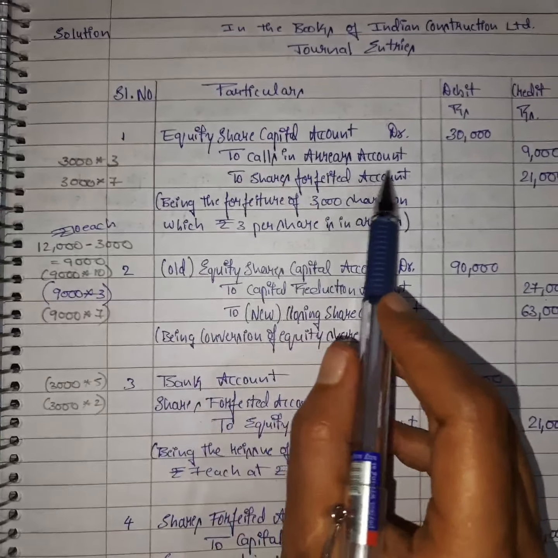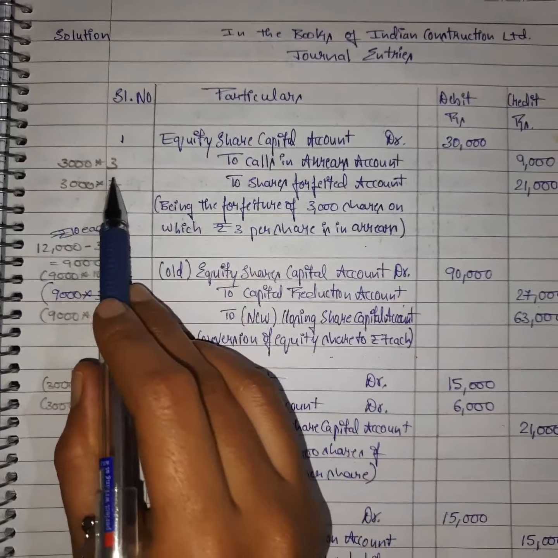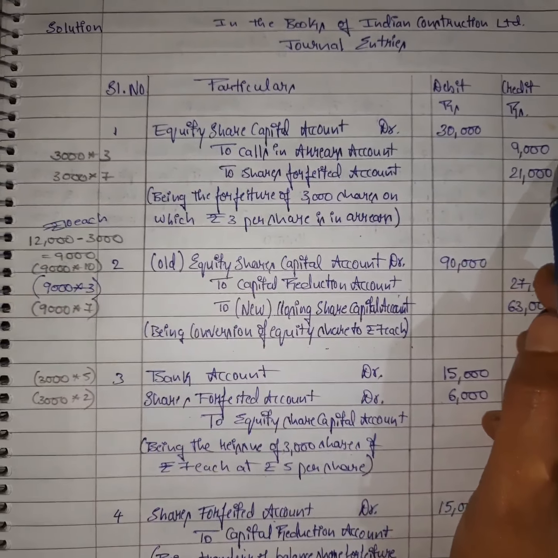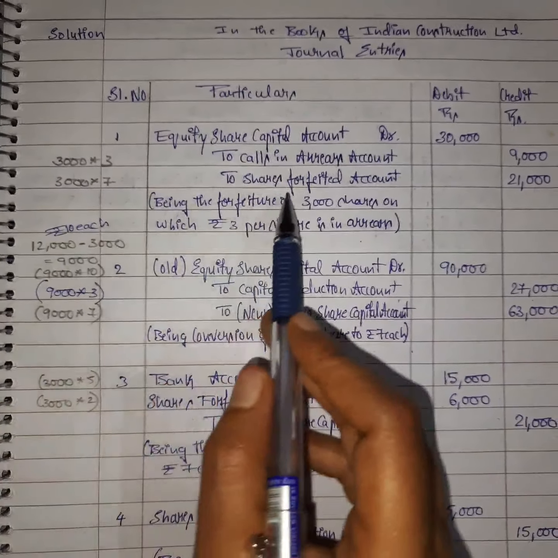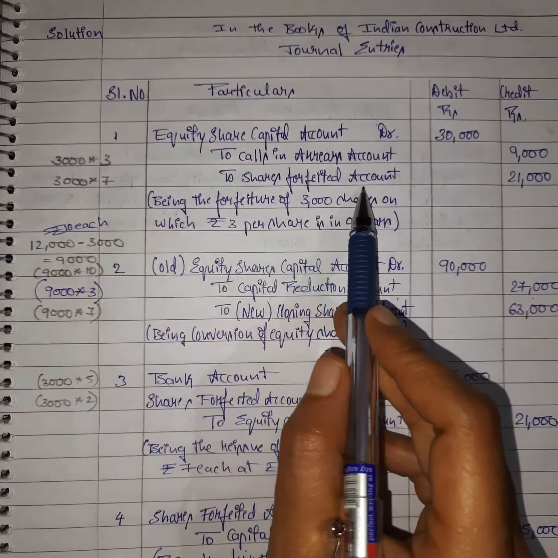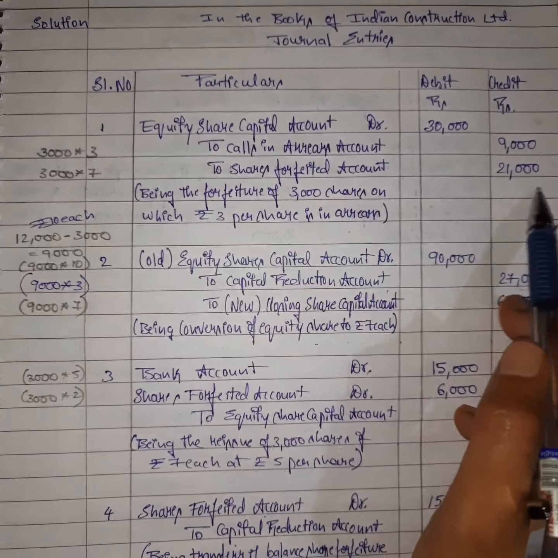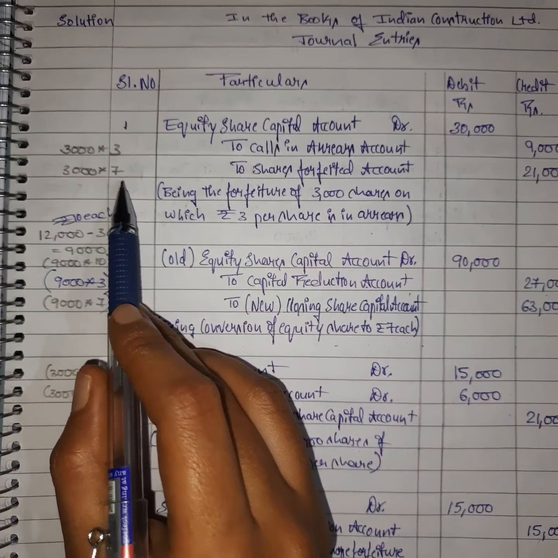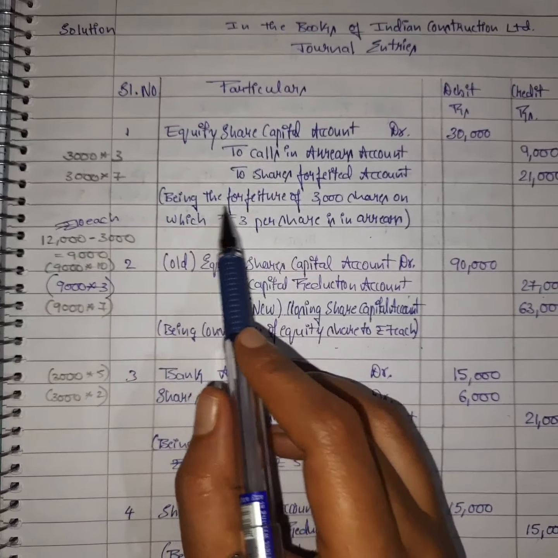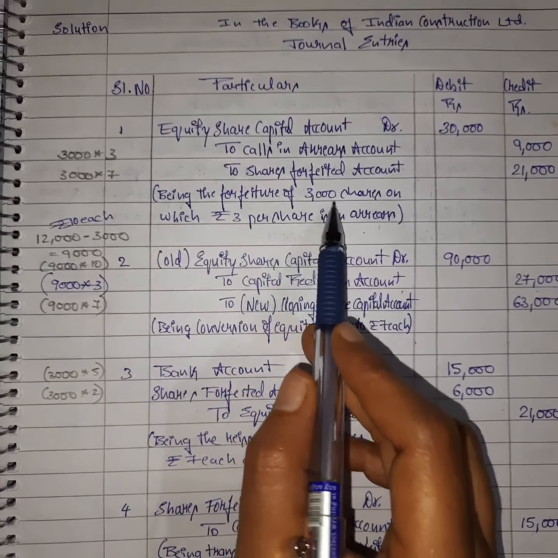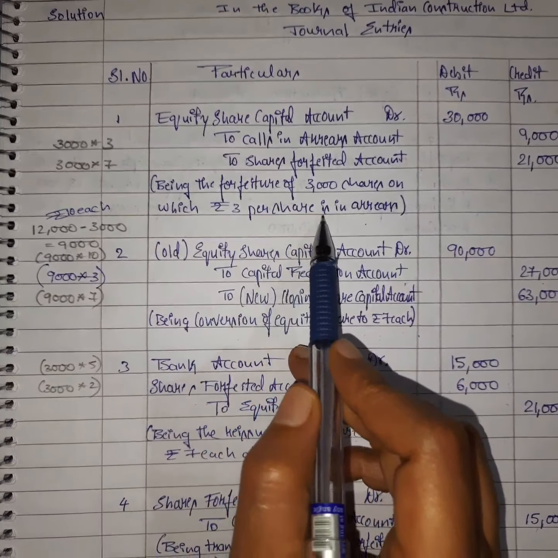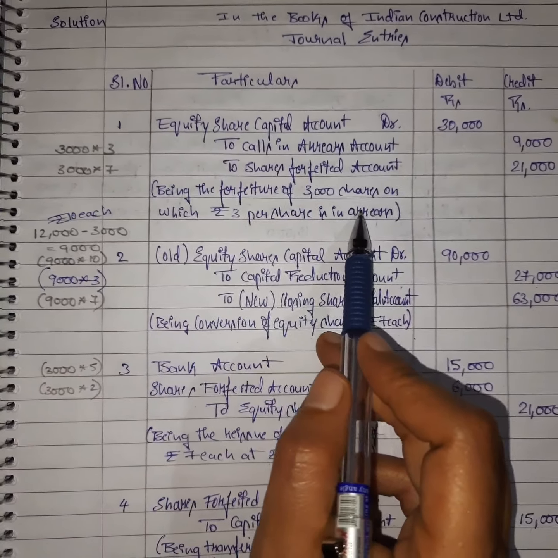To calls in arrears account, 3,000 into 3, so in the credit side you are mentioning 9,000. Coming to next, to shares forfeited account 21,000. The calculation part, 3,000 into 7. Being the forfeiture of 3,000 shares on which rupees 3 per share is in arrears.